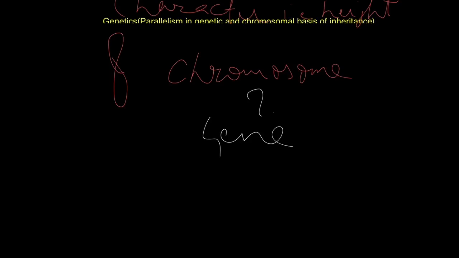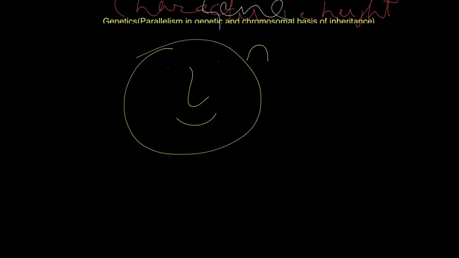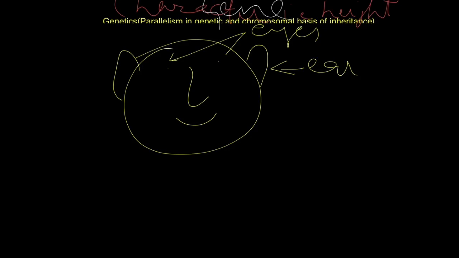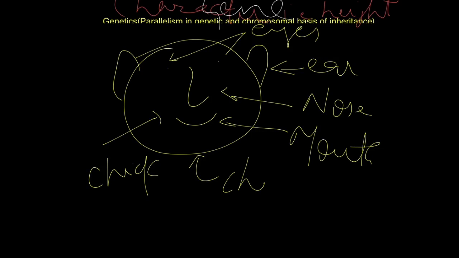Let's take an example. Suppose this is a face. Suppose this is me. Isn't it cheering and happy? This whole structure represents a face which has eyes, ears, nose, mouth, cheek, and chin.